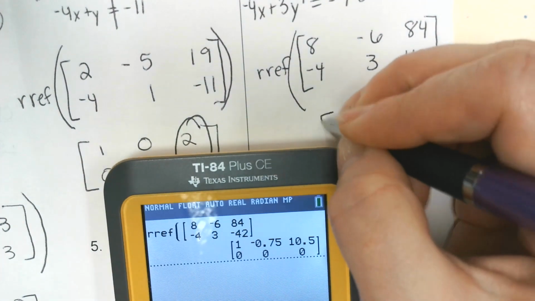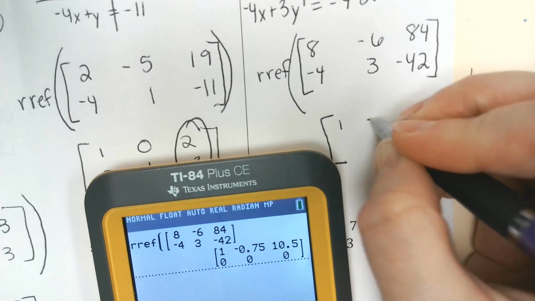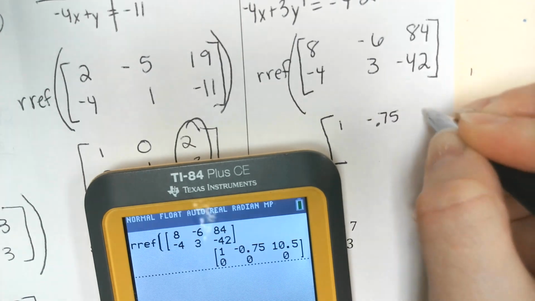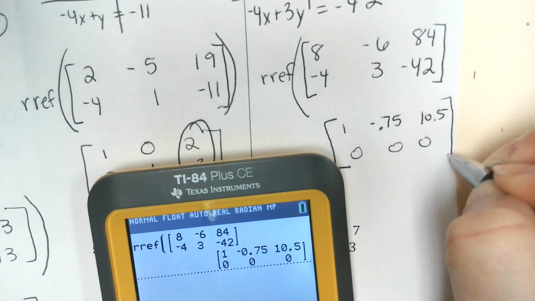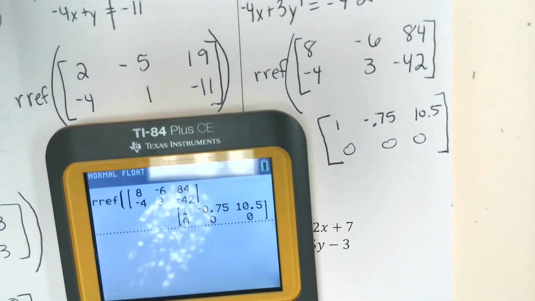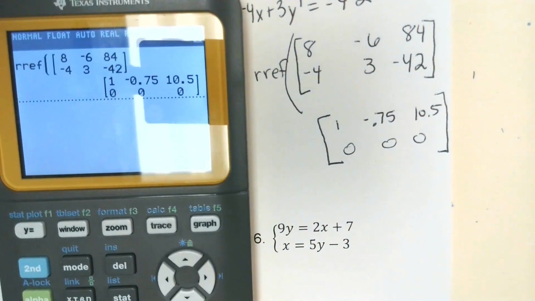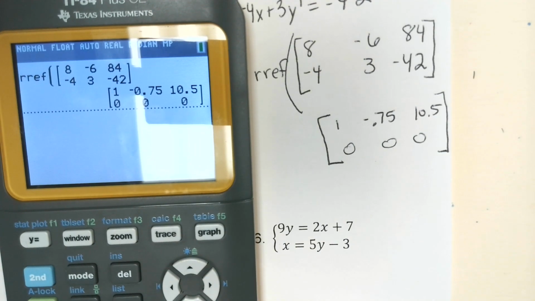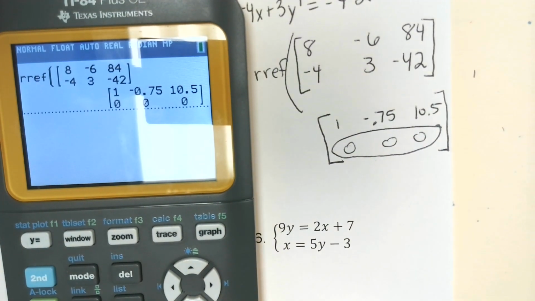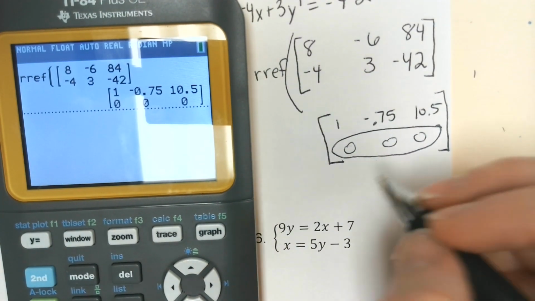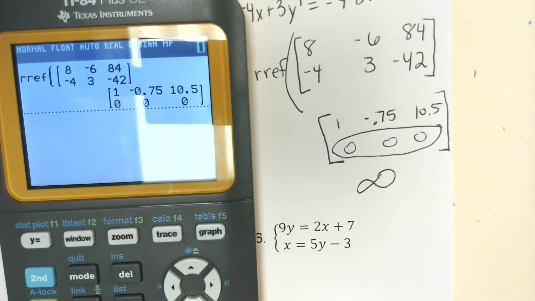And write what the output was. Look at all those zeros. What does that mean? Yep, infinite solutions.